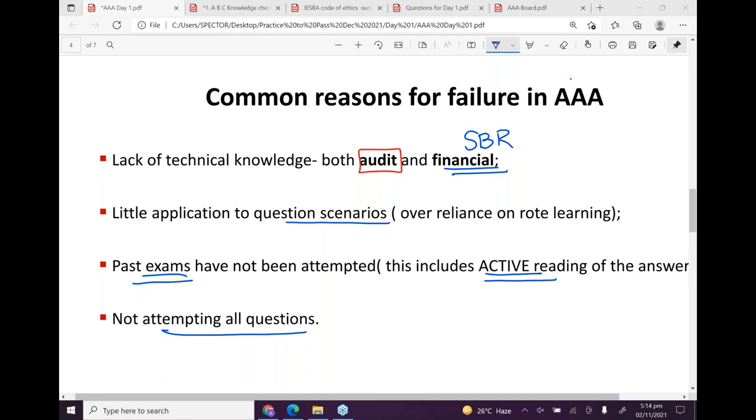As an AAA trainer, we have to understand that in the coming sessions, today and the rest of the 4 sessions, I can't help you with your knowledge. I can recap it, sort of give you a checklist. I will help you in applying your knowledge to the scenario. I will help you in telling you how you can have a fair chance of completing the questions.